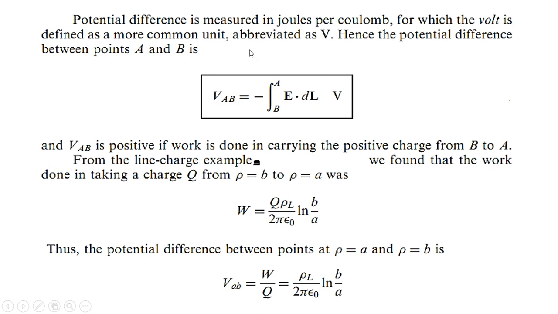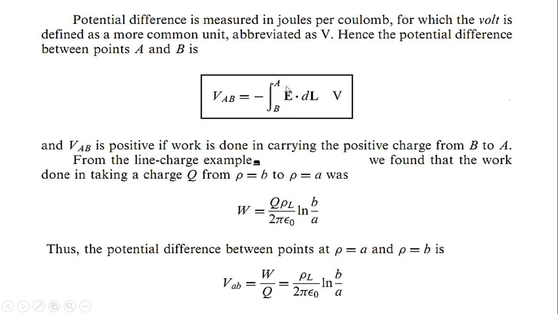Potential difference is measured in joules per coulomb, for which the volt is defined as a more common unit, abbreviated as V. Hence, the potential difference between points A and B is VAB and it is equal to minus the single line integration of E dot dl volts. So, as I already told you, VAB is the potential difference between points A and B, where B is the initial point and A is the final point.